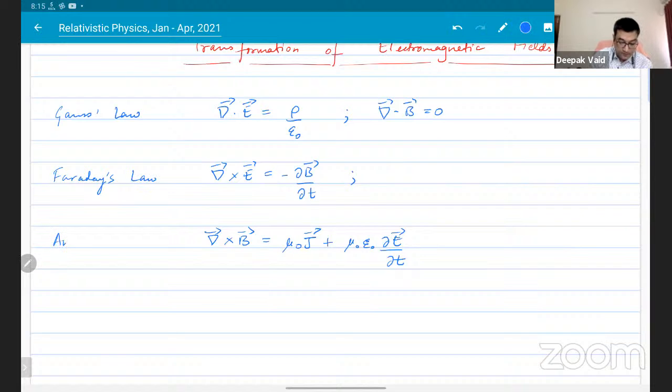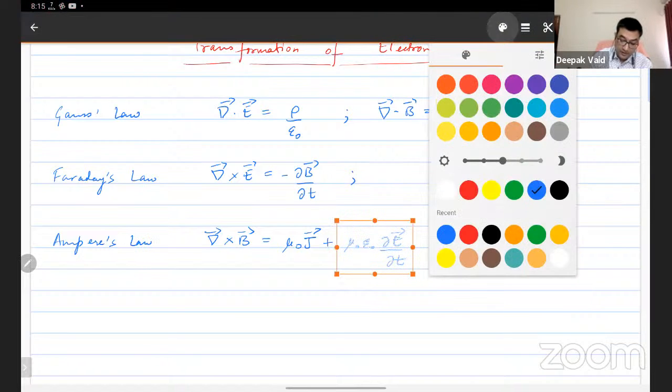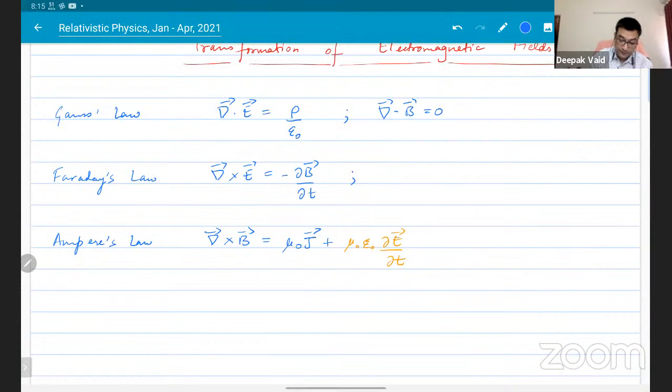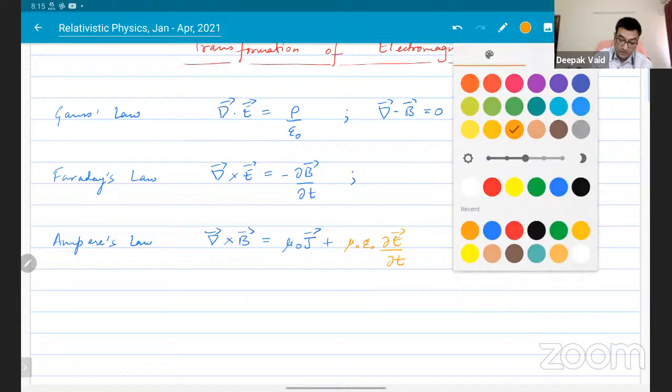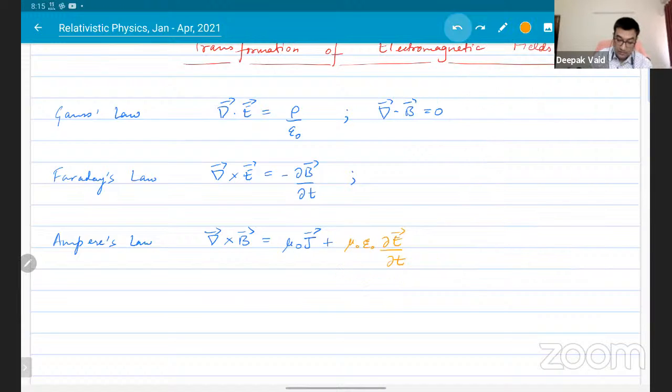And this is Ampere's law. And this last term is called the Maxwell term, or the Maxwell correction.